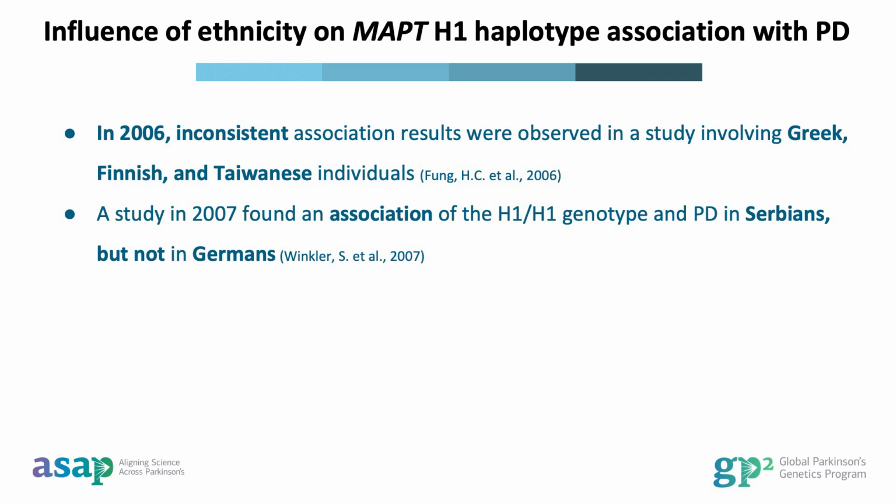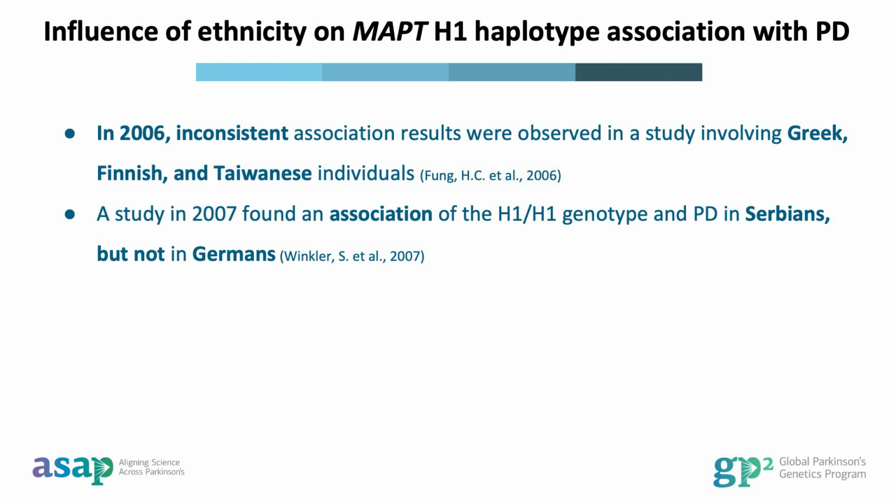However, inconsistent results regarding the association of H1 with Parkinson's disease across different studies involving individuals of different ancestries have also been found, suggesting that the association of the H1 haplotype could be ethnicity dependent.